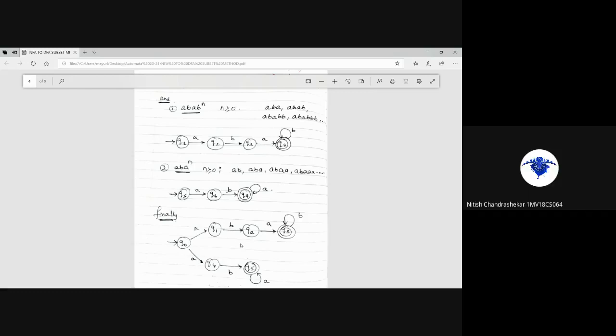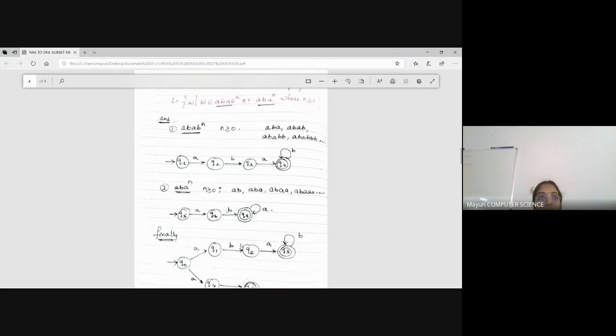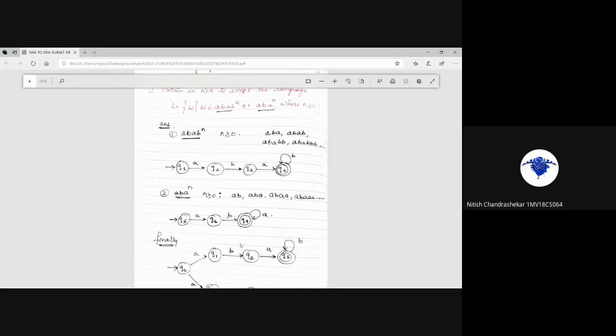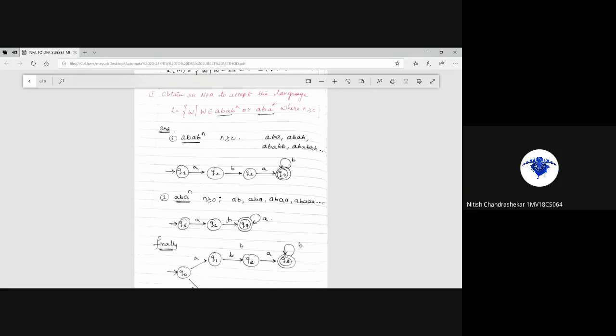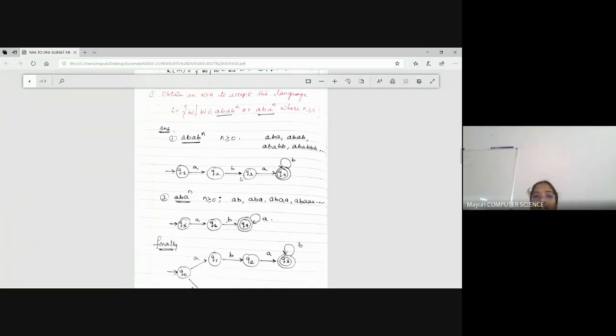Ma'am, could you explain once more? Nitish, just a brief explanation. Okay. I understood till the second one. Means when we do both the machines, then combining, I got a little confused. Okay. Combining it, see, because in the question it is asked that either this or that, right? Yes, ma'am.